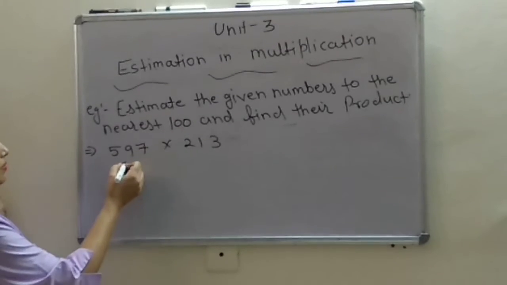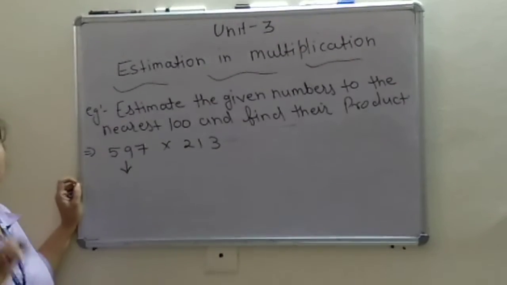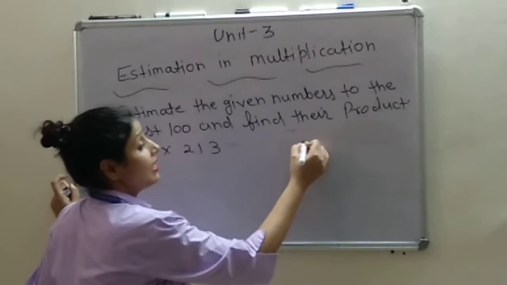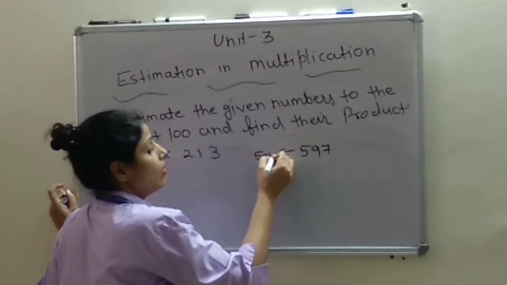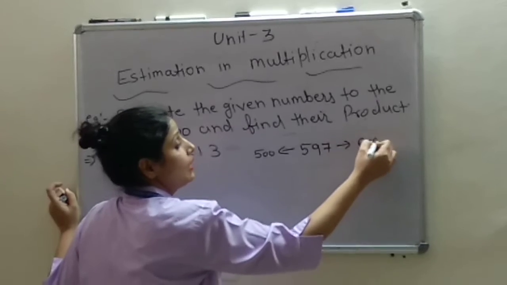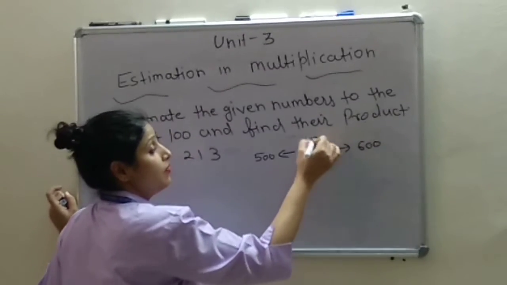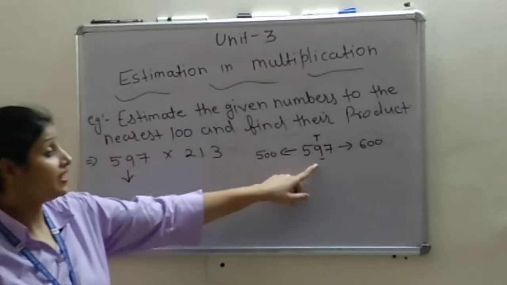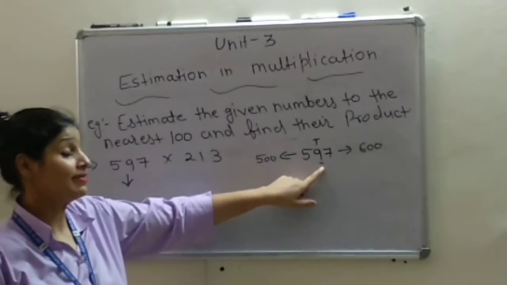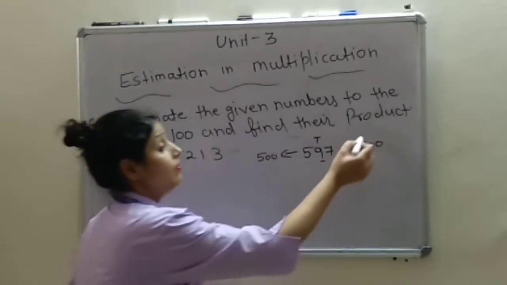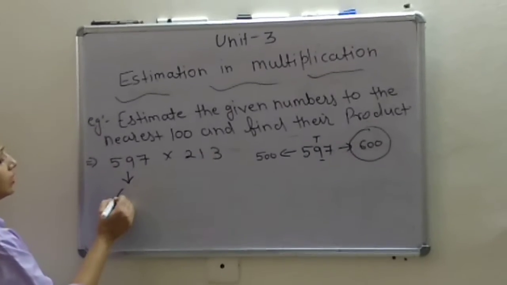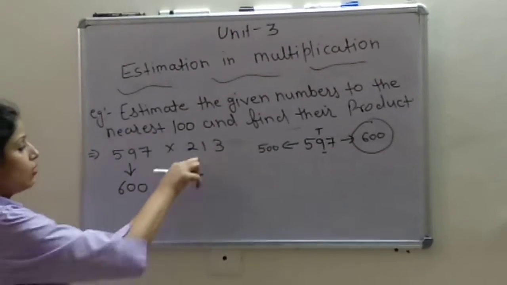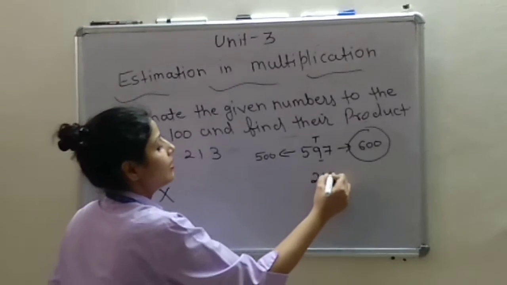So, if I estimate 597 to the nearest 100, it should be either 500 or 600. But according to the rule, if the digit at tens place is 5 or greater than 5, we round off the number to the higher 100. So it should become 600, and now the next number 213.